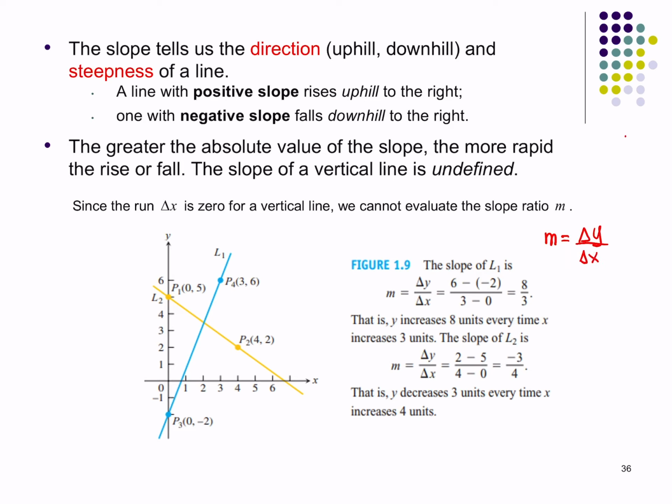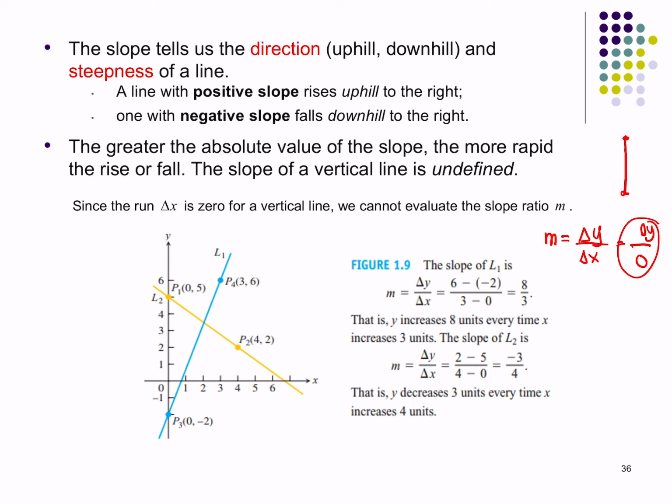So along the vertical axis here, you have 0 in the delta x, but you have some value for the delta y. Therefore, any value divided by 0 would be undefined. That is why the vertical line has no slope.